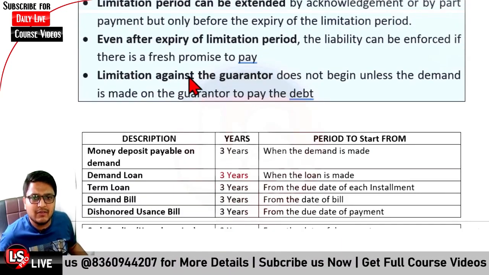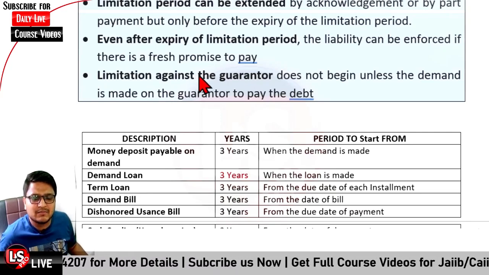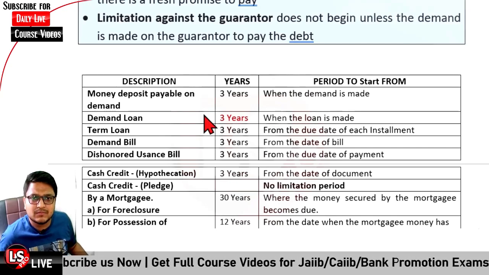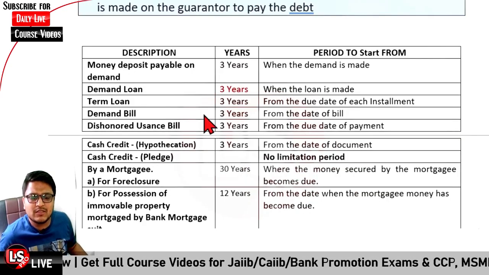So here are given the limitation periods for different instruments, you can say different kinds of loans.